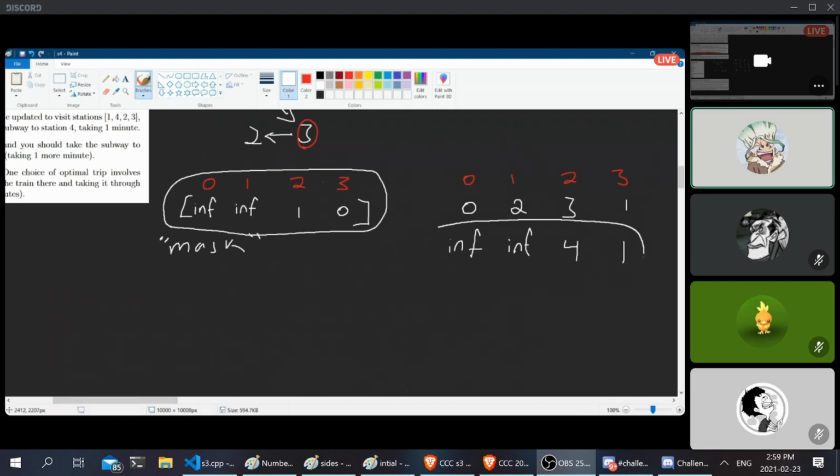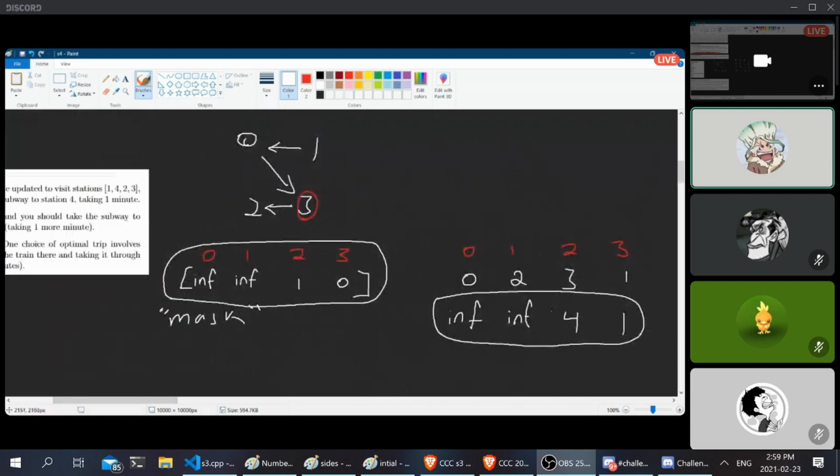What this sum shows us is the total number of steps it would take to get to station 3, the final station, if we take the subway first to this station, and then we take walkways for the rest of the way.